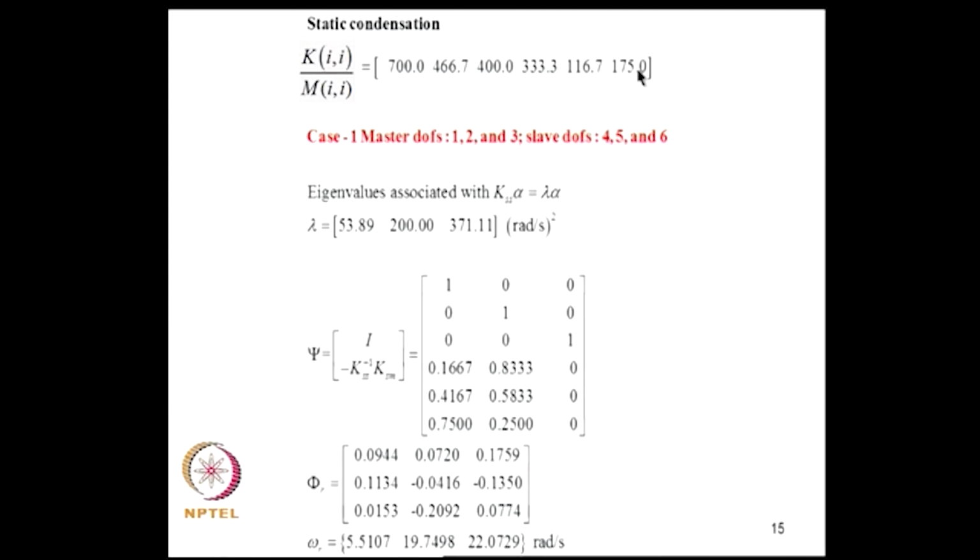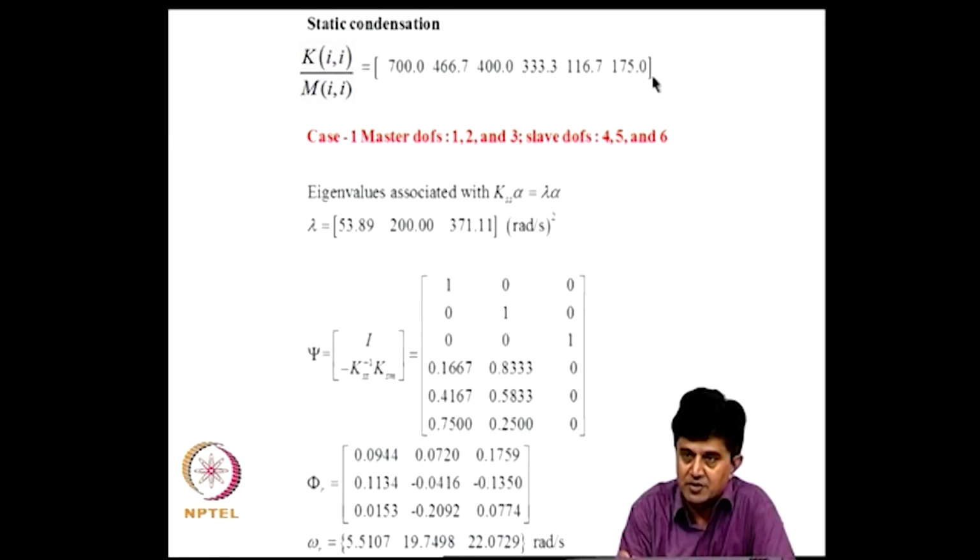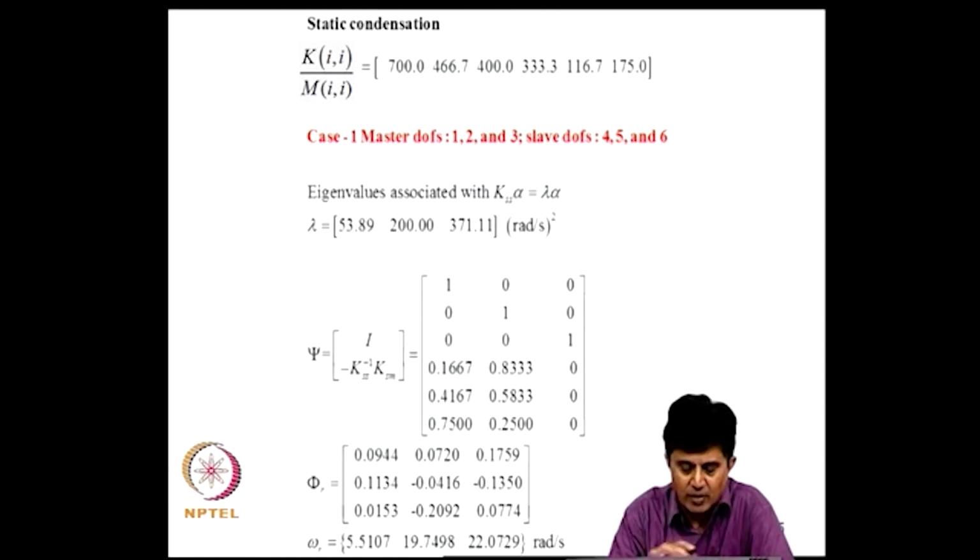Now, is it a good choice? It is a deliberately bad choice, because we want this ratio to be large for slaves, but I am forcing it to be small. What should ideally be slave degrees of freedom, I am making them masters, just to emphasize what would happen.